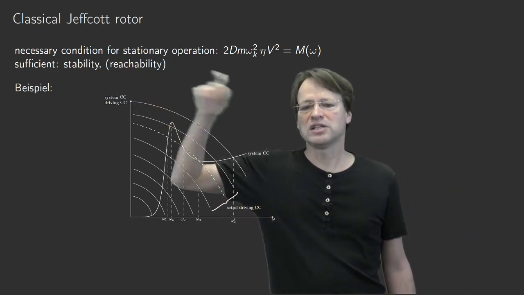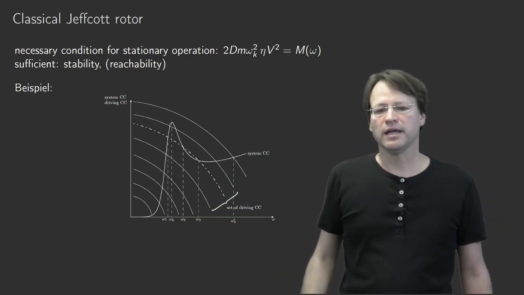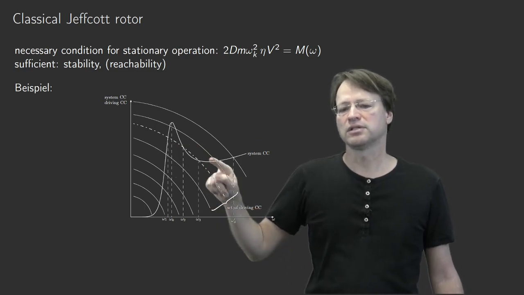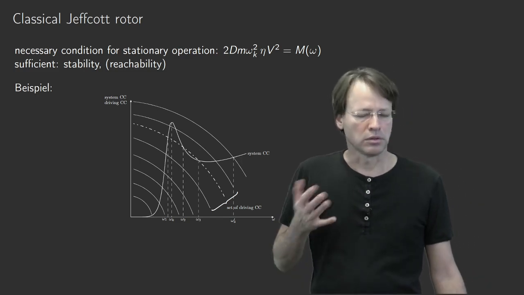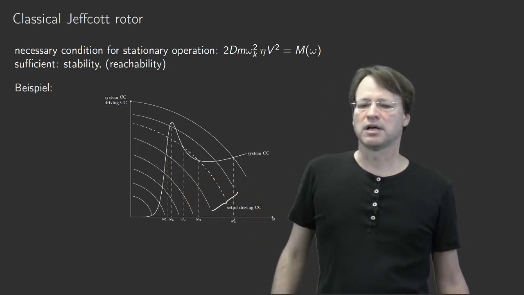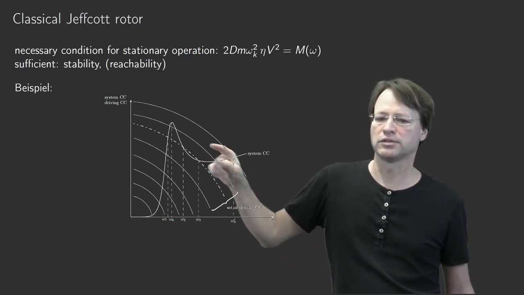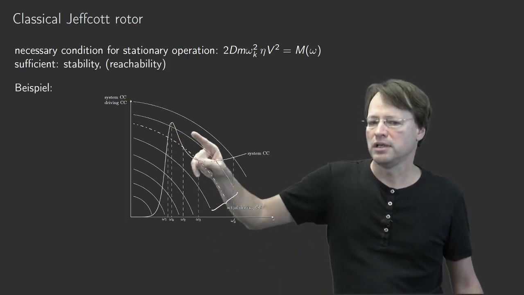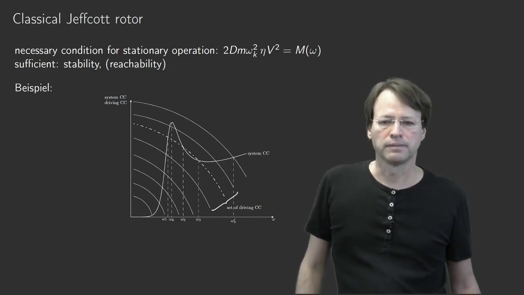As this is only a necessary condition, we can't be sure that there is really stationary operation possible for these 3 points. So the question is, if I follow that line here as my driving characteristic curve, and this is my system characteristic curve, would there be a possibility to have 3 stationary states or not?